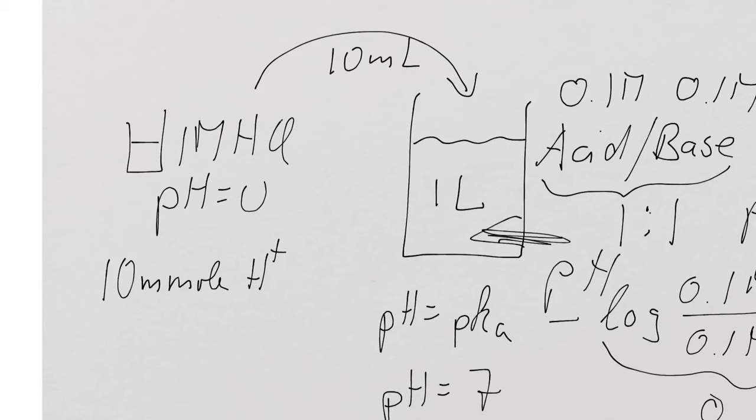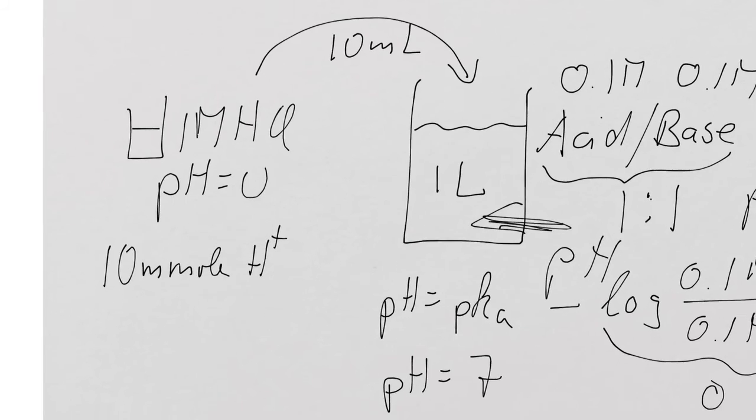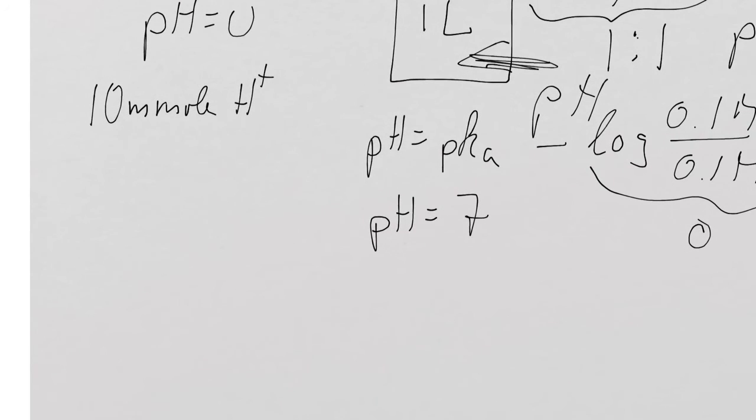Now, what is going to happen to the acid and the base in our solution? Let's look at the base first. So we have the base, and the base catches the protons that we add.